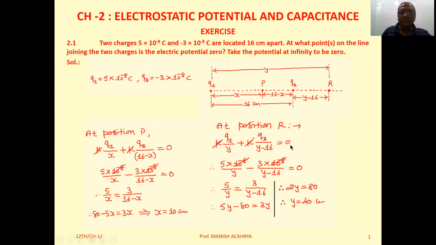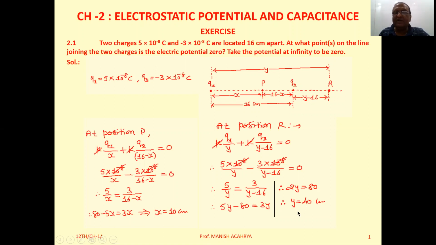So equal to 0. Now again take k common; on the right hand side it will be cancelled. Substitute the values of q1 and q2. Again 10^-8 will be cancelled. So resultantly we will get 5 by y minus 3 upon y minus 16 equal to 0. So we will get 5 upon y equal to 3 upon y minus 16.